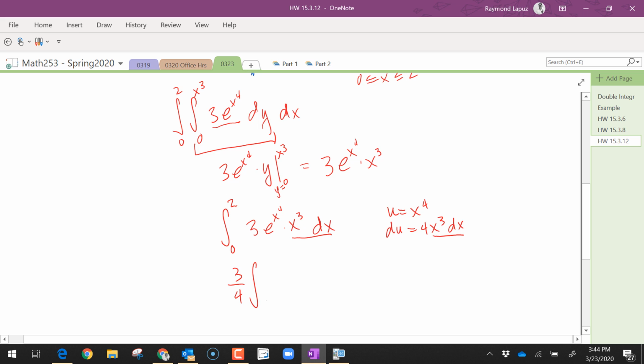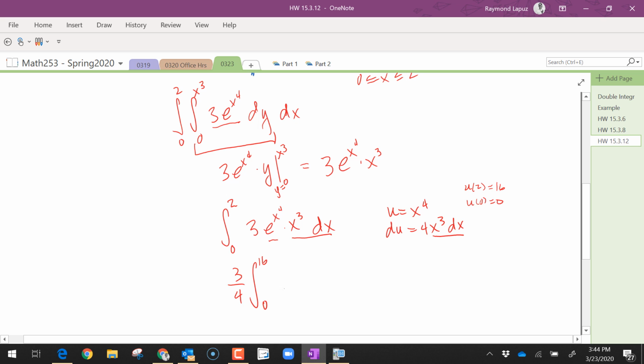So that's 3/4 integrate from, oops, let's figure out our changing limits. If x is equal to 2, the upper limit, 2 times 2 times 2 times 2 is 16. And if x is equal to 0, then 0 to the fourth is 0. So our lower limit is 0, upper limit is 16.